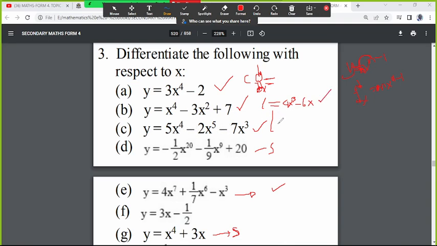Lydia? 20x cubed minus 10x power 4 minus 21x squared. Good.